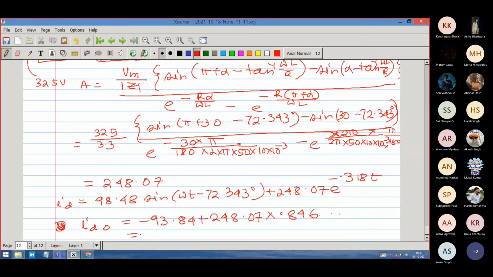Yeah, I'm getting 116.146 ampere. Please check also.